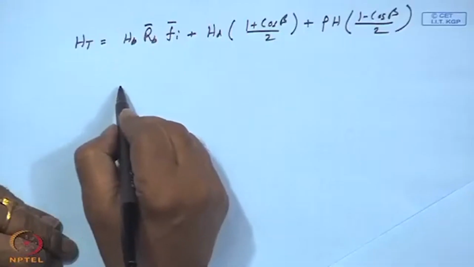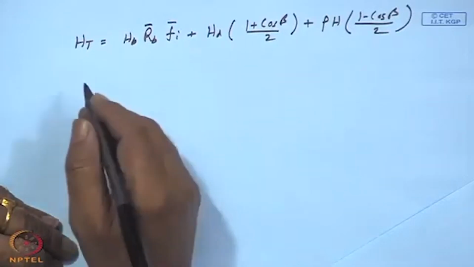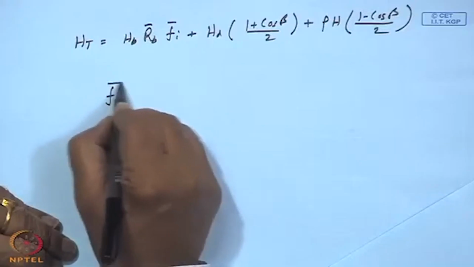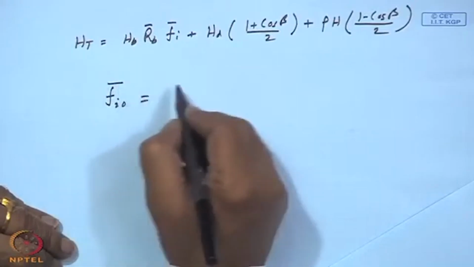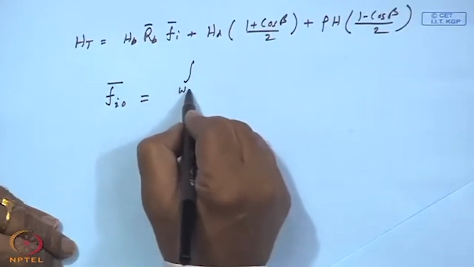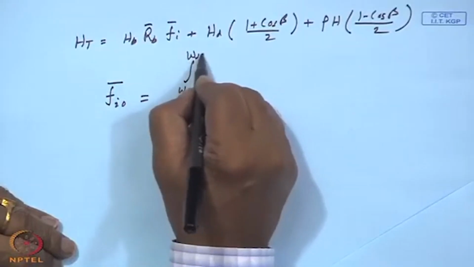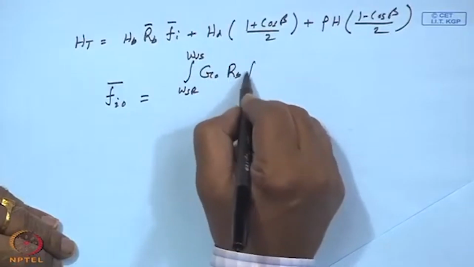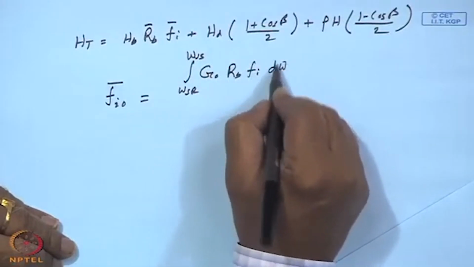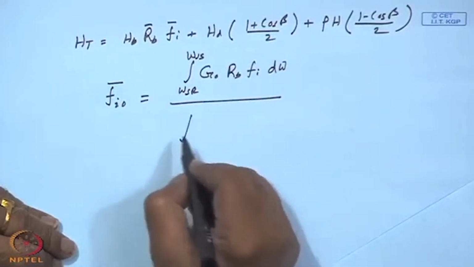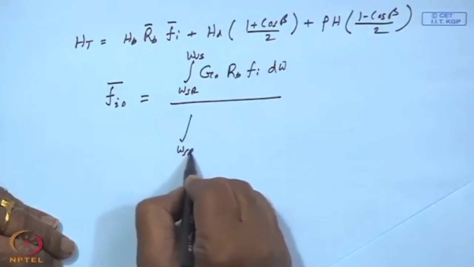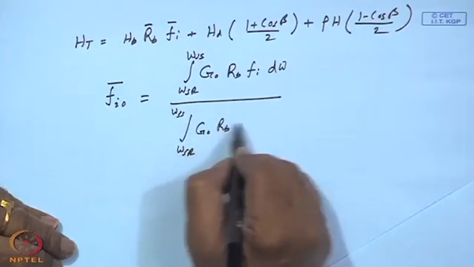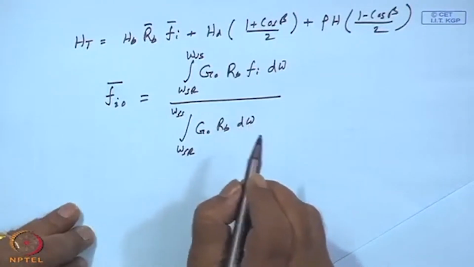So, under extraterrestrial calculations, just like we have done for R B bar, which I will indicate by suffix O, it will be the integral from omega SR to omega SS of G0 R B Fi d omega upon the integral from omega SR to omega SS of G0 R B d omega, right.